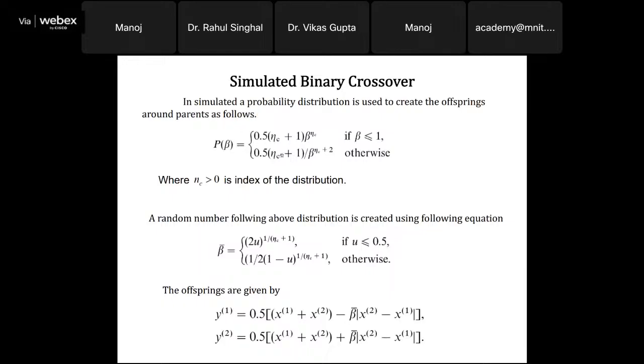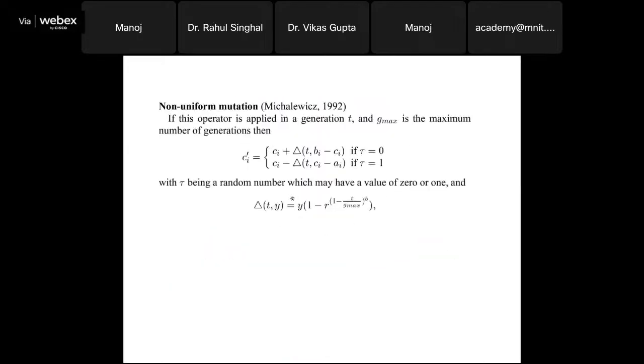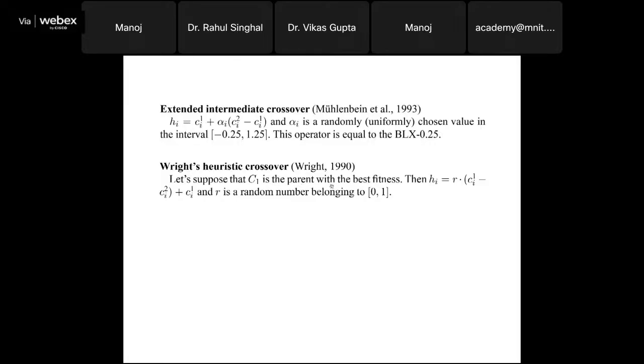Now you can understand, the moment we start talking about this, we at least started with uniform distribution, right? And slowly, things started moving towards making use of different kinds of distributions.